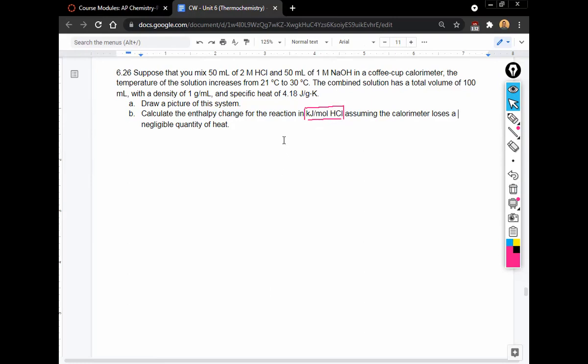Now it's asking us for the reaction, which means we have to write the balanced chemical equation. So we start off with HCl and combine that with NaOH. Anyone remember what type of equation this is? Yeah, neutralization. Warms my heart that you guys know that.